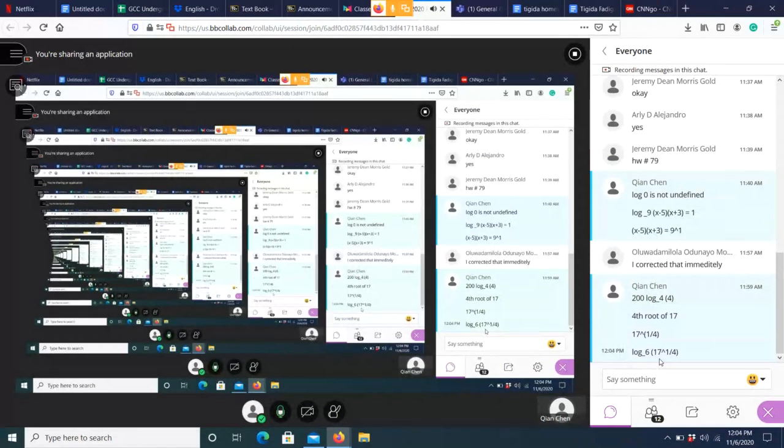So now how do you rewrite it? Log base 6 of 17 raised by quarter. Now what happens with the quarter? The ones you get eliminated, no? What do you mean you get eliminated? Let me write here.